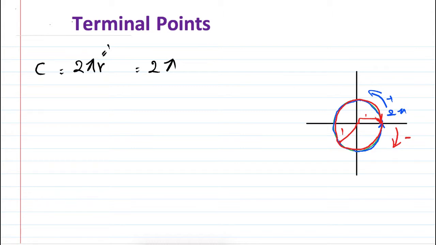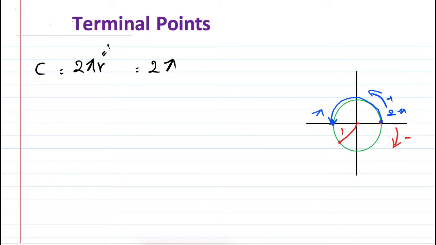So let's talk about the positive. From here all the way around to here, it will be 2 pi. That means if I start right here and I end right here, I haven't traveled a distance of 2 pi. I have traveled half of that, so 2 pi over 2, it will be pi.